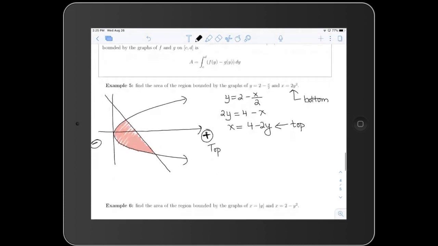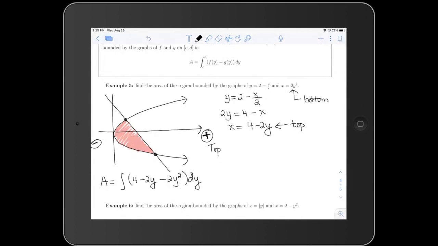So what is the area here? Area is the integral. The top function is 4 minus 2y. The bottom function is the parabola, minus 2y squared, dy. And we need to find the limits, right? So that would be these points right here.